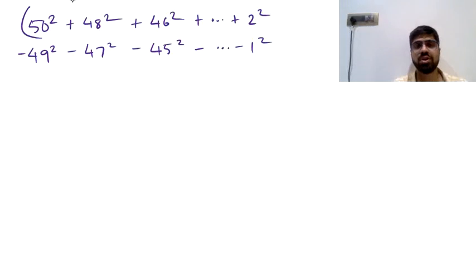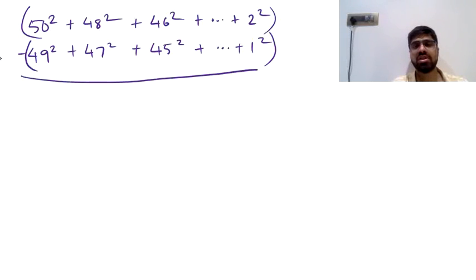So if you realize, the first bracket here is the sum of the squares of all the even numbers up to 50, and these are the sum of squares of all odd numbers. So I'm keeping all of them in a bracket and writing a minus outside that bracket. So this is how we have rearranged our terms.